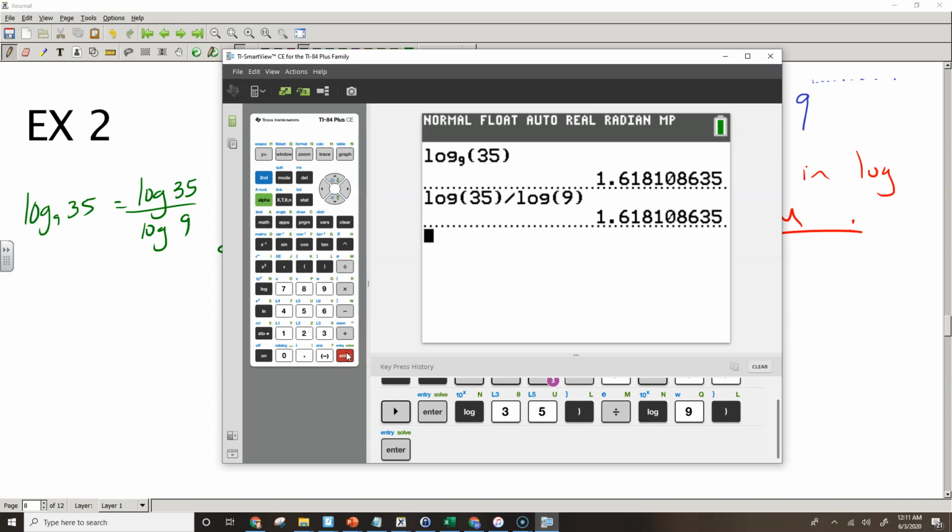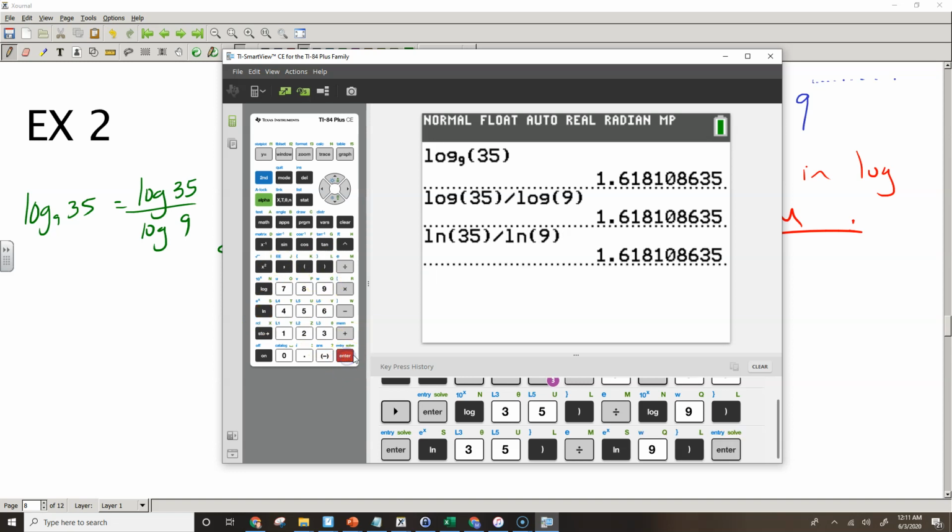The cool thing is, if you use any logarithm with any base, the same thing would happen. So even if you use the ln button down here, which is still a log, and did the same thing, 35 divided by ln of 9, I would get the same thing.